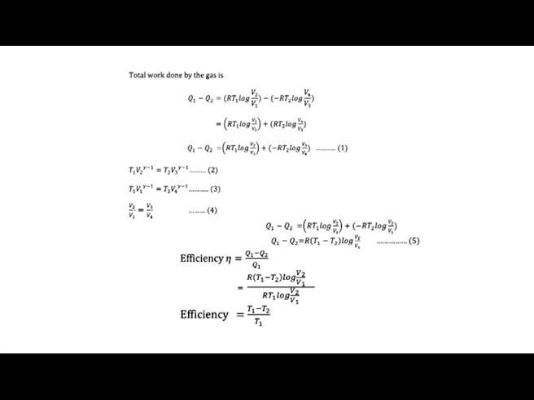Then clearly the total work done by the gas is given as Q1 minus Q2, where Q1 is RT1 log V2 by V1 and Q2 is minus RT2 log V4 by V3. So the expression becomes RT1 log V2 by V1 plus RT2 log V4 by V3.